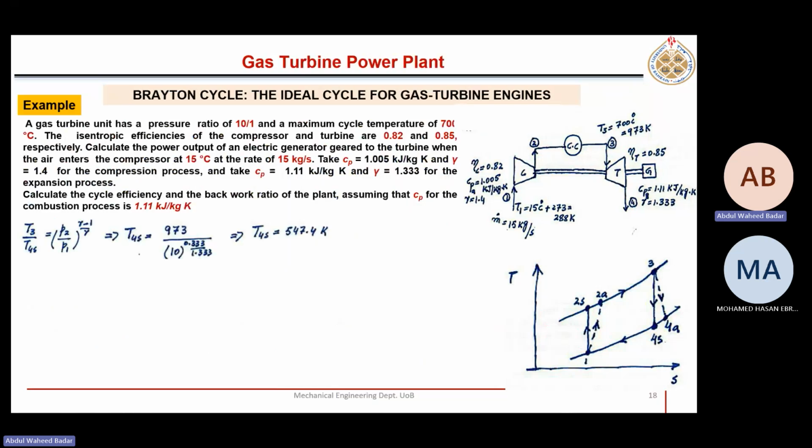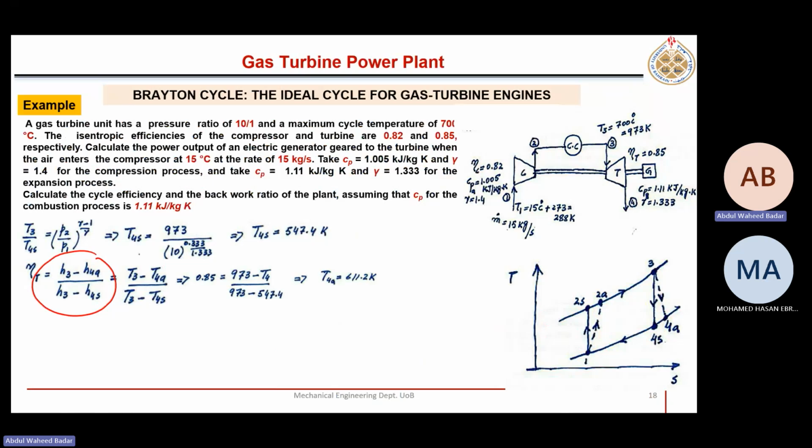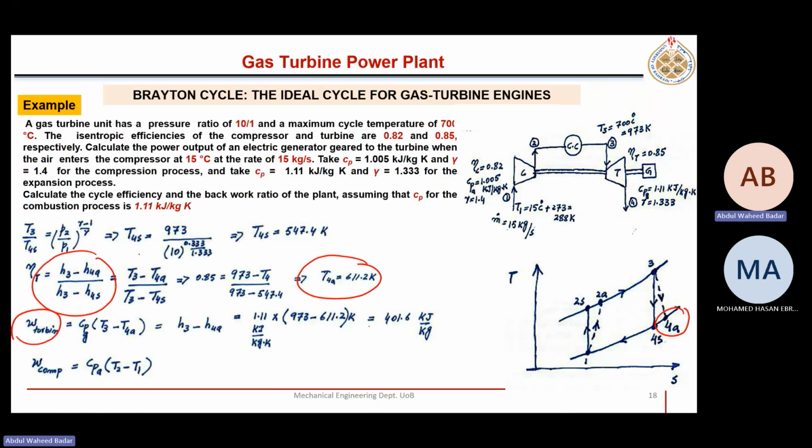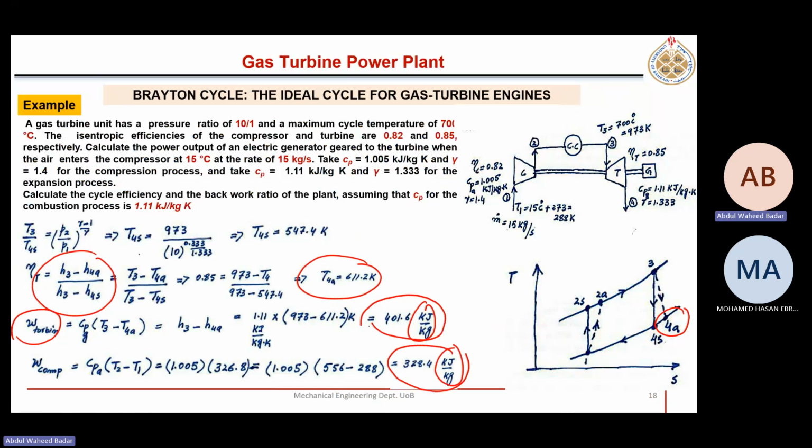So here are the temperatures. Finally, the isentropic efficiency of the turbine will give us T4A. Work of turbine, just put in values; work of compressor is CP into T2 minus T1. We are taking 1 kilogram of mass, that's why you see kilojoules per kilogram, although the total mass is given.